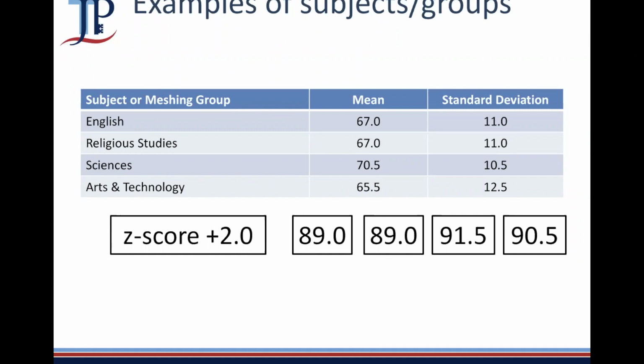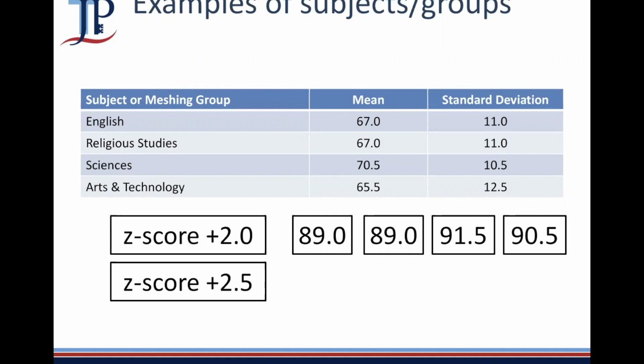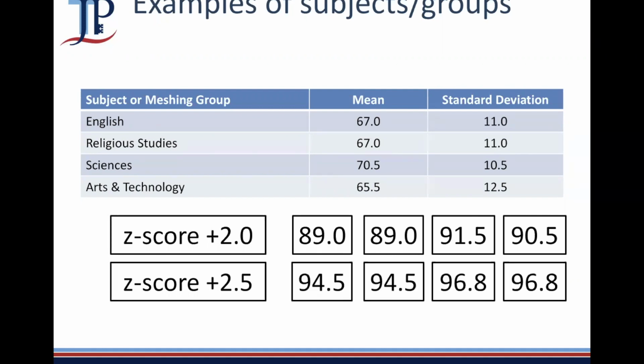If you're the top student getting a Z score of 2, even though the median score or mean score is up and down, the top students can still be getting about the same scores. If you're really doing fantastically and you get a Z score of 2.5, obviously your scores are going to be higher. And now there's very little difference between those.